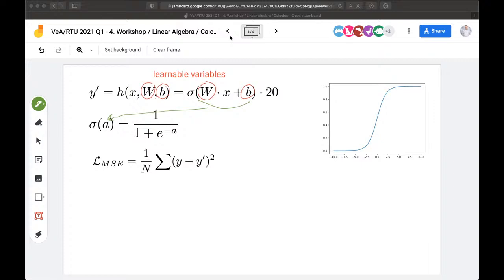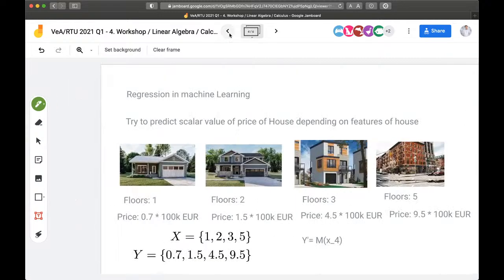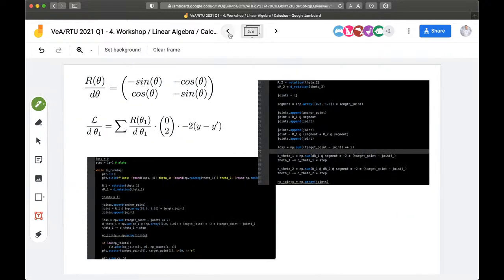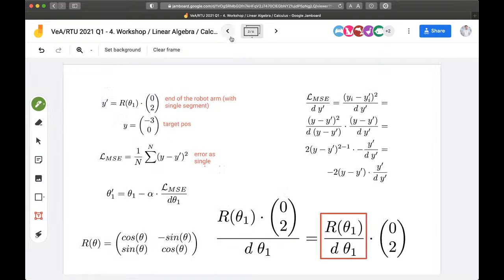Hopefully, when we end up with this, you will feel confident about it. If we go just a few slides before, we have exactly the same problem formulation for the robot arm, right? Now, if you look, the theta is kind of like the weight matrix, and we have all sorts of constructions around it: the rotation matrix, then the multiplication, then addition of the next arm, and then again rotation.